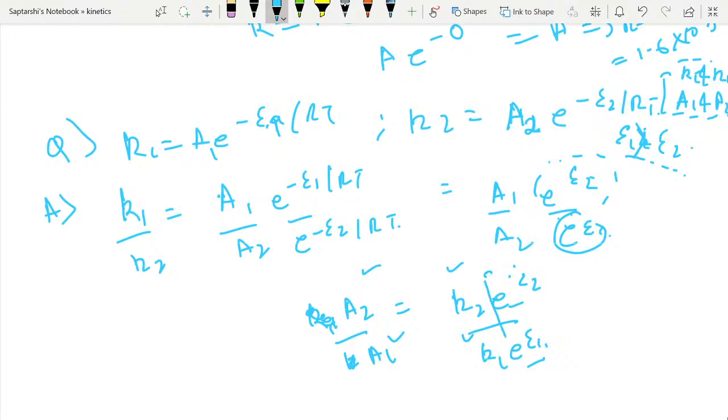If we remove this part, what will happen? The denominator was high in this, therefore this value was getting decreased. So if we remove this part, this value will get increased, so it will have a more sign. It will be A2 by A1 is more than K2 by K1, right? So this is our answer, like this was in the options.